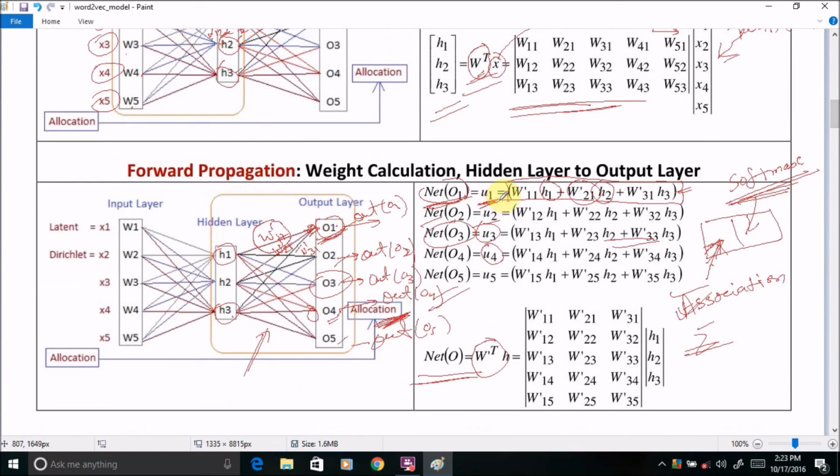When we calculate the derivation of U1 with respect to H1, all other terms will be equal to 0, and we will get W-11. Similarly, in the case of the derivation of U2 with respect to H1, we will get this value.